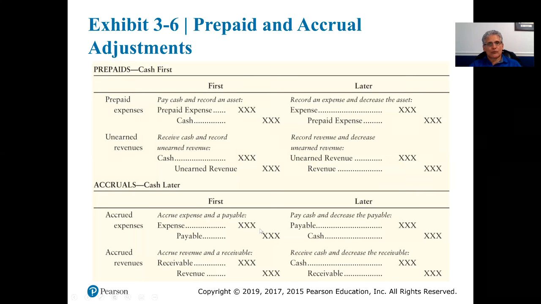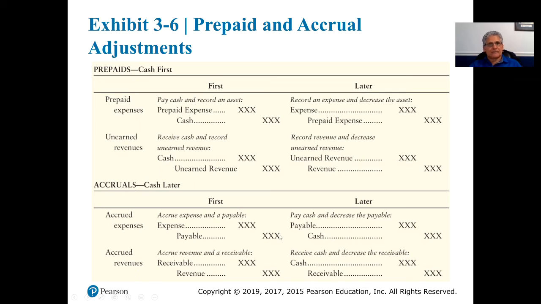That's what happens first. And then at a later point in time, when the payments are made, we're going to reduce the payable, and then we're going to recognize the reduction of cash. Accrued revenues, we're going to recognize the receivable and a corresponding revenue before the transaction actually occurs. Then when we actually receive the cash, we're going to recognize the cash and we're going to reduce the receivable.